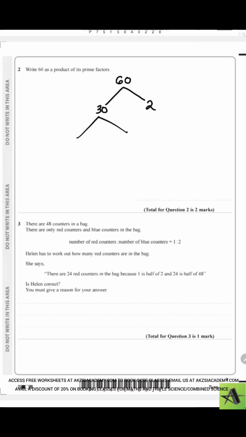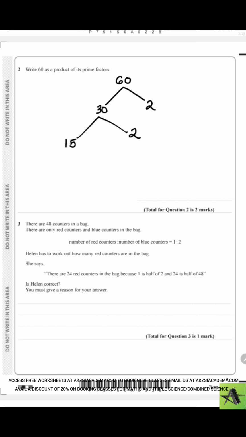I'll stop when I get prime numbers on both branches. But here 30 is not a prime number, so I have to split it again. The smallest prime number that can divide 30 is 2 again. So I'll write 2 here, and on the other side I'll write 30 divided by 2, which will give me 15.